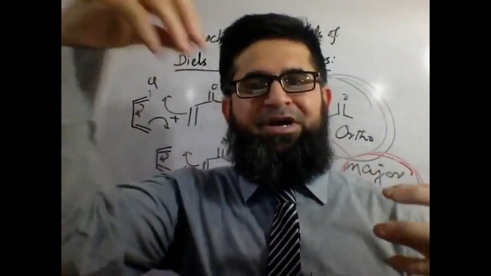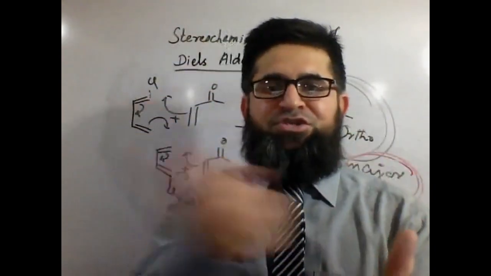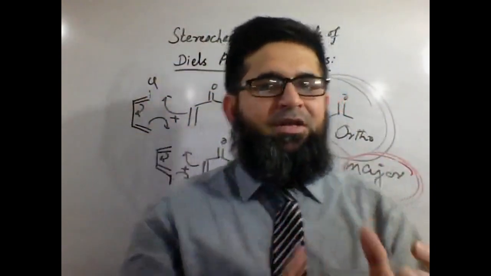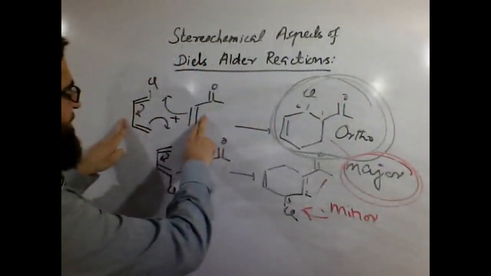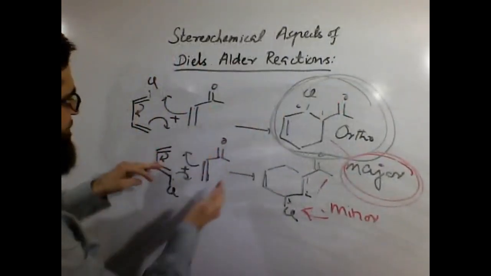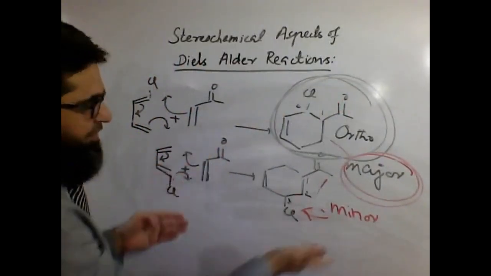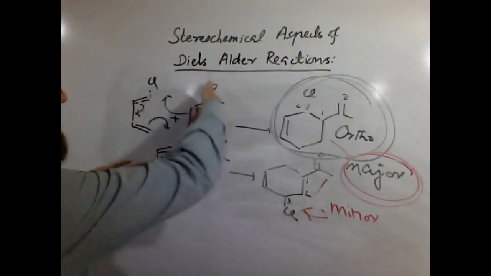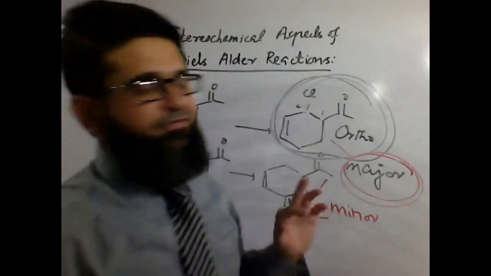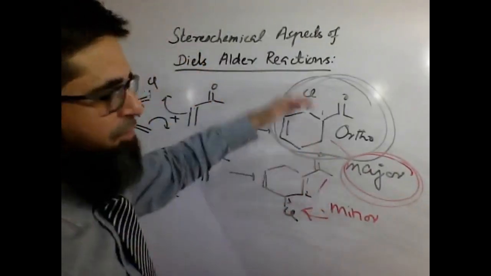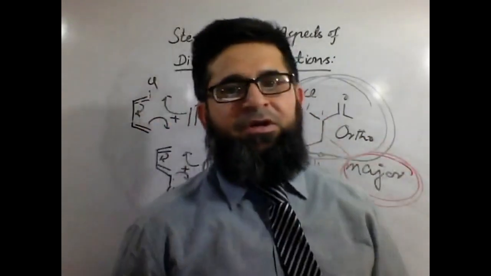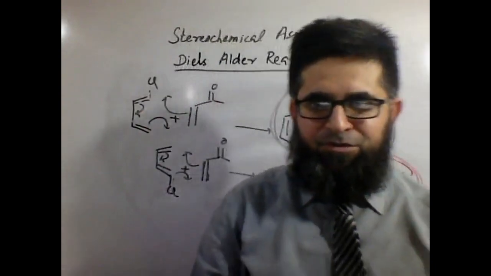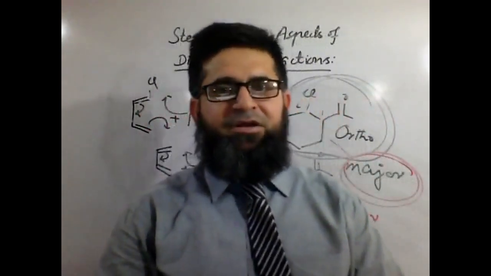When you put the diene and dienophile in the flask and stir them together, they can be in this fashion, or one of them can revert here to make the product, or it can be in the same position. If it reverts again, then the same products are supposed to be there. So this is how stereochemistry is involved in the Diels-Alder reaction.